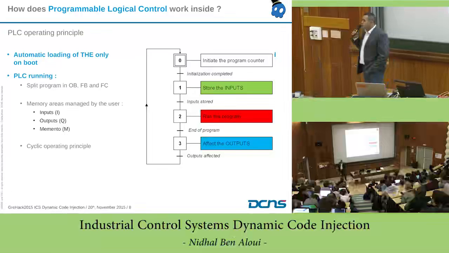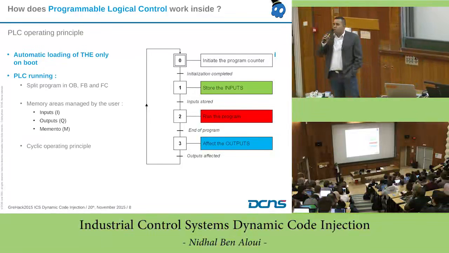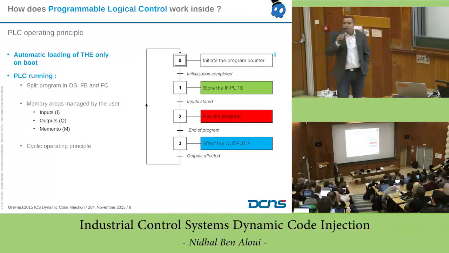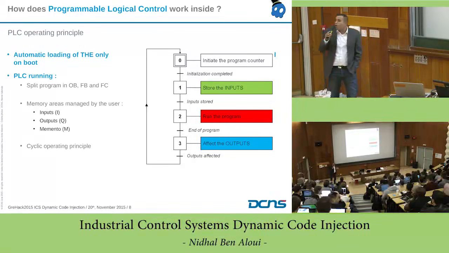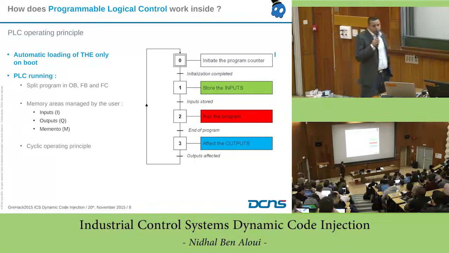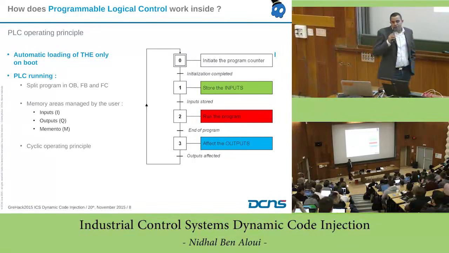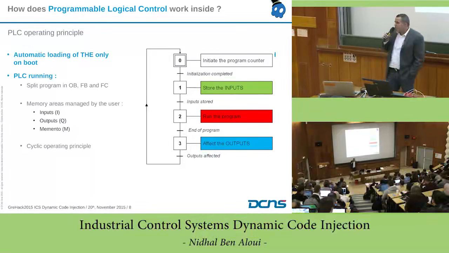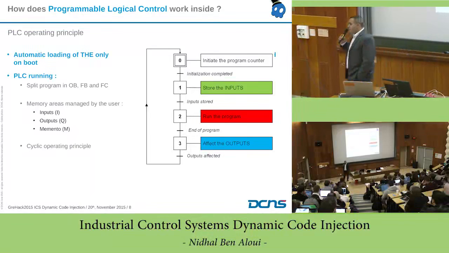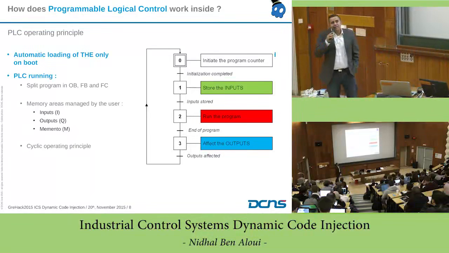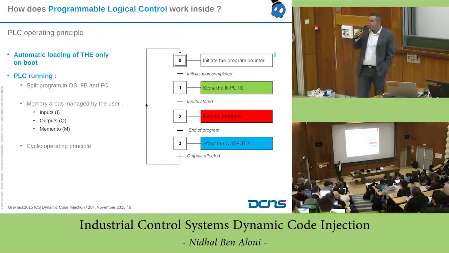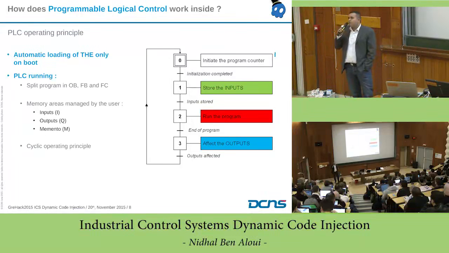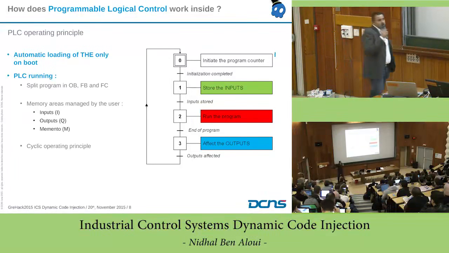For example, if you want to say that the engine is stopped, you declare one memento and say, for example, if the byte of the memento is put to 1, the engine is started, and if the value is 0 or false, because it's an analog or Boolean interpretation variable, the engine is stopped. So with this kind of development in our source code, we will understand that it is very easy for someone who wants to talk with the engine to put the flag by remote action or by injecting dynamic code through the PLC.